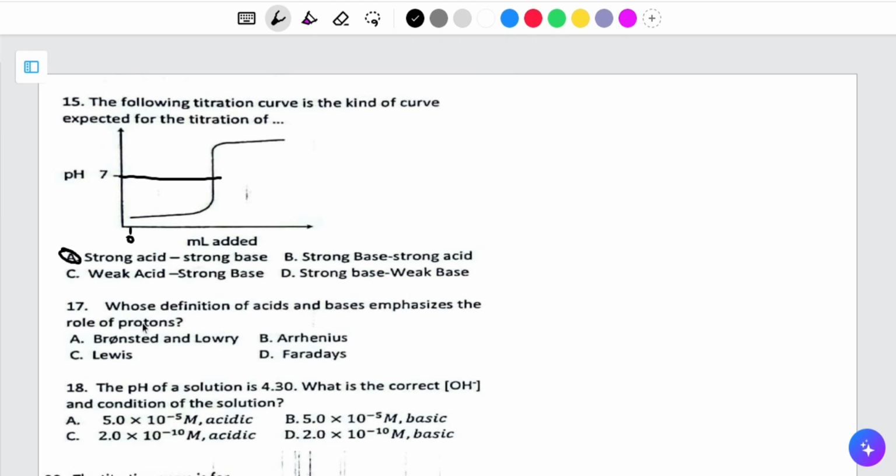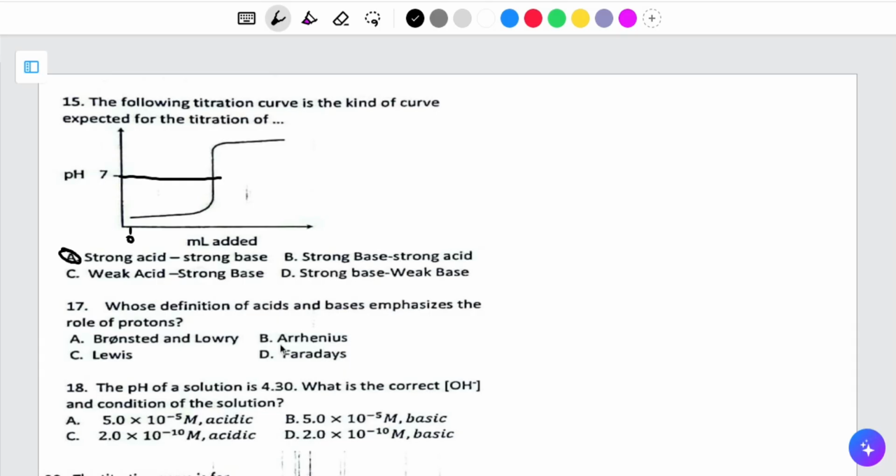So which one is this one? When you talk of Arrhenius, it emphasizes on an acid as a proton donor and a base as a proton acceptor. And then Brønsted and Lowry, mostly, let me say this one focuses, Arrhenius focuses on a solution which is having the acid having more hydrogen ions and a base having more hydroxide ions.